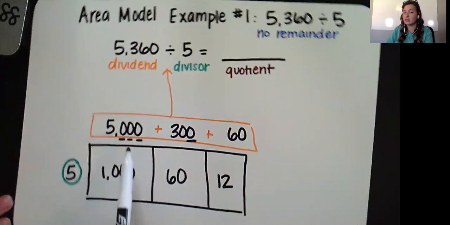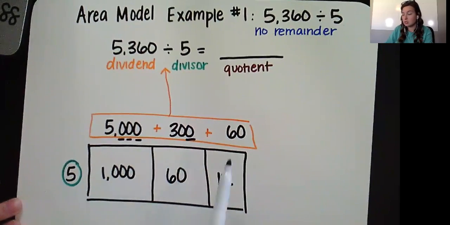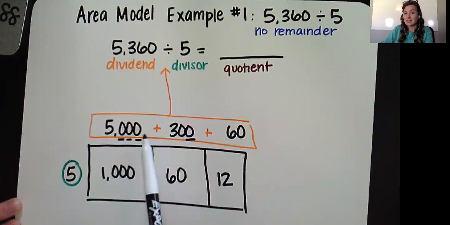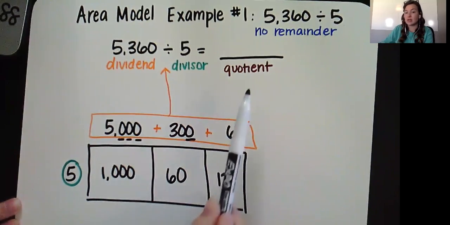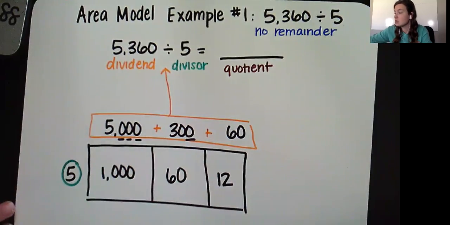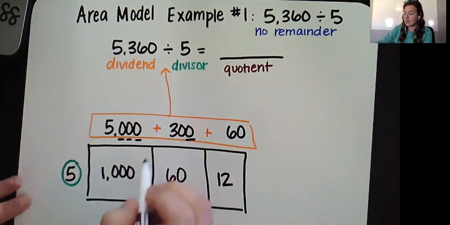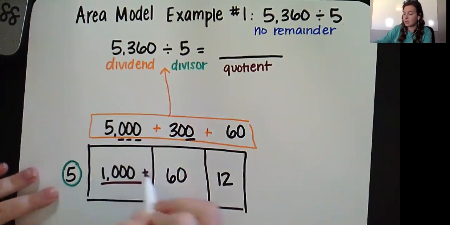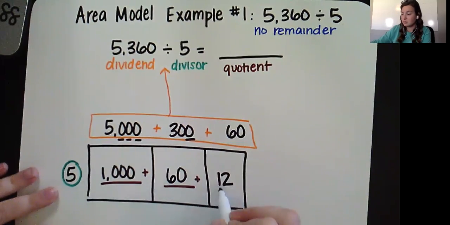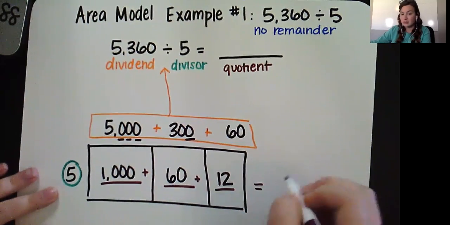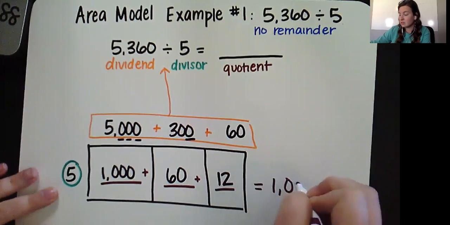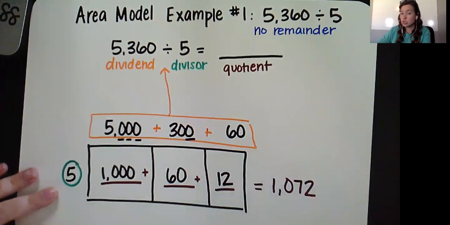So I've done 3 separate division problems. And just like we added these numbers together to get our dividend, we're going to add these partial quotients to get our final answer. So if I do 1,000 plus 60 plus 12, that gives me 1,072.